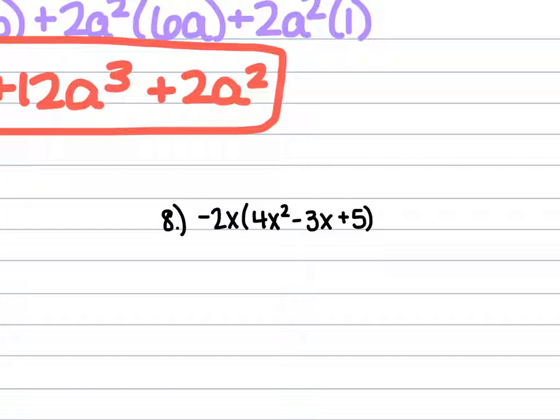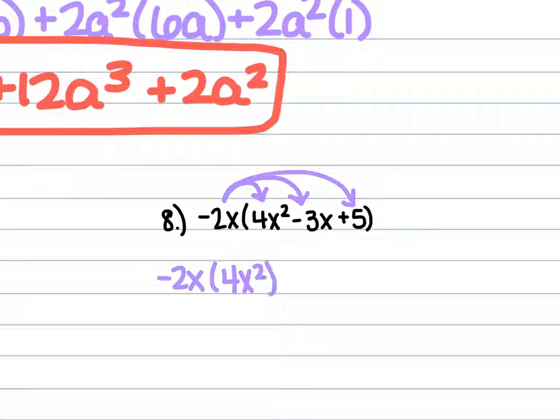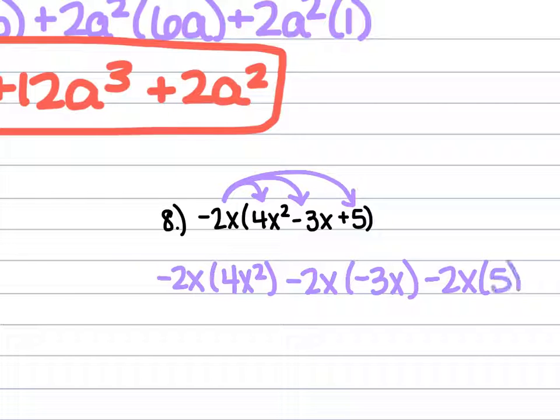For 8, we have negative 2x times (4x squared minus 3x plus 5), so we're distributing that negative 2x. So we're going to have negative 2x times 4x squared, negative 2x times negative 3x, and negative 2x times 5. If you realize here, that sign that's in front of that 2x is staying with that negative 2x throughout every term that is being multiplied.